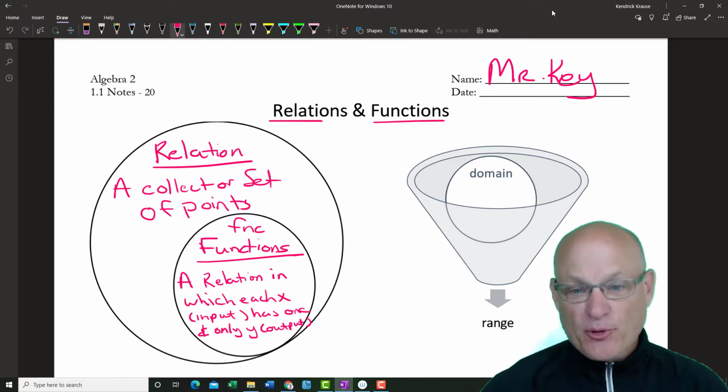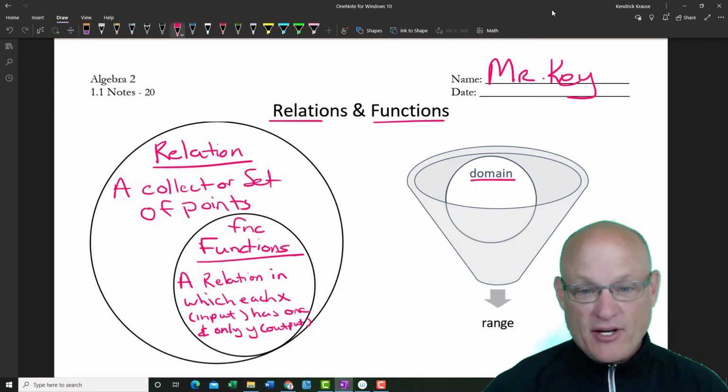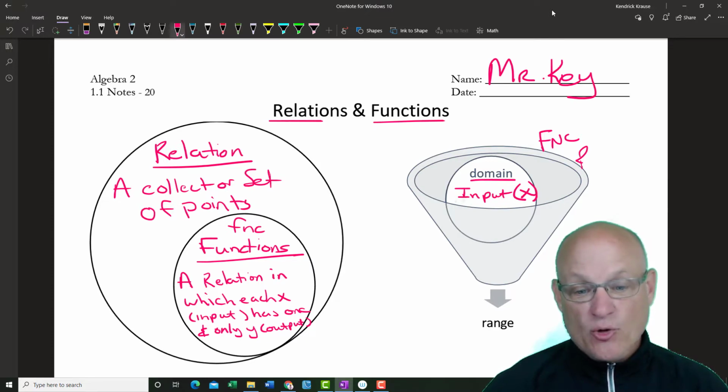The input, which we'll call the domain, is kind of like if you think about this as being your function. We're going to have the domain, which is the input, and these are your x values. Then what pops out is the range, or your output, and these are your y values.